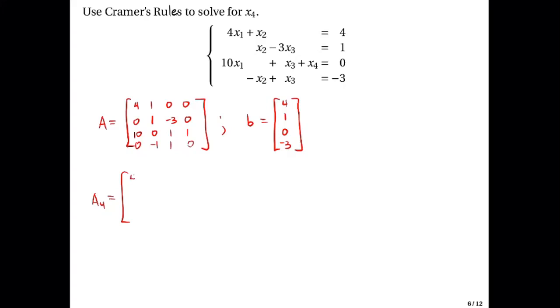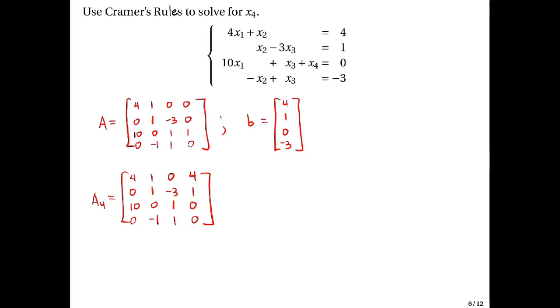So we will have 4, 1, 0, 4, and then 0, 1, negative 3, 1, and then 10, 0, 1, 0, and then 0, negative 1, 1, 0.